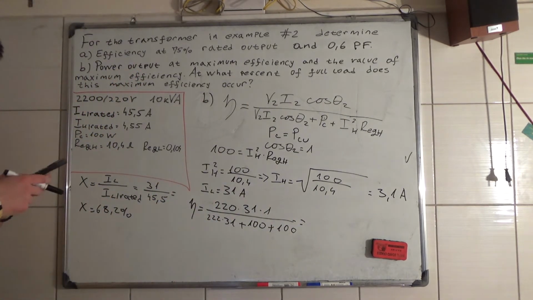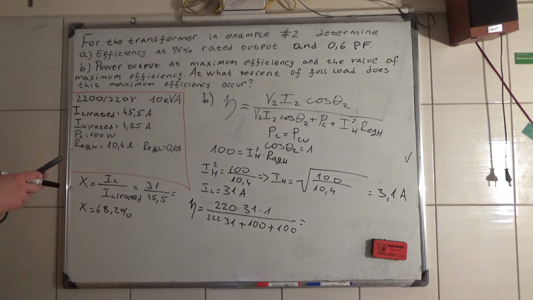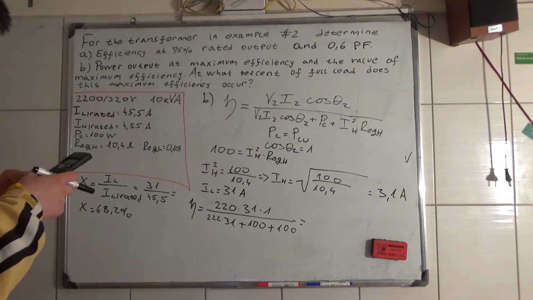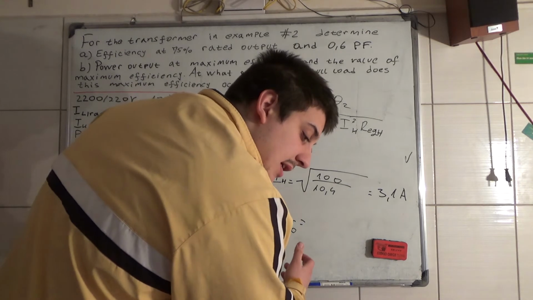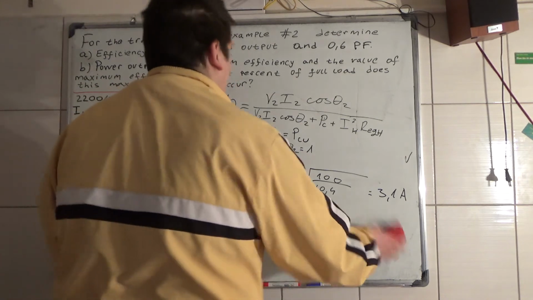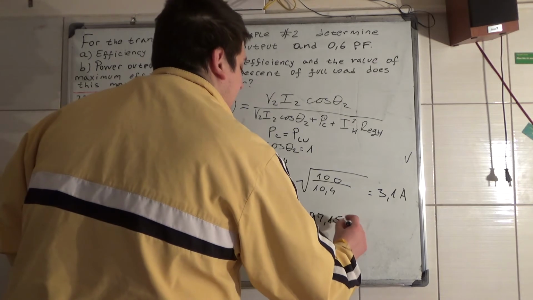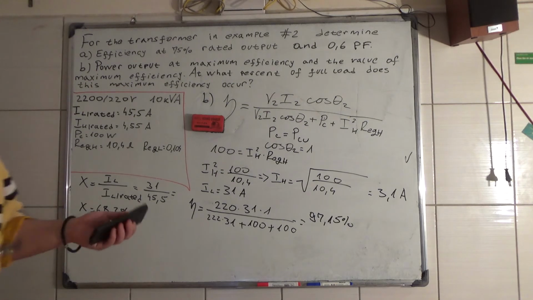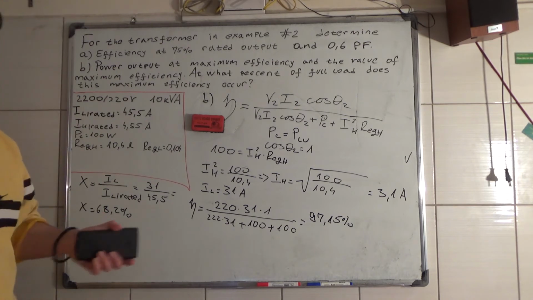And when you calculate all this, you get that the maximum efficiency is 97.15%. So the maximum efficiency of the transformer, with these voltages, is going to be 97.15%.